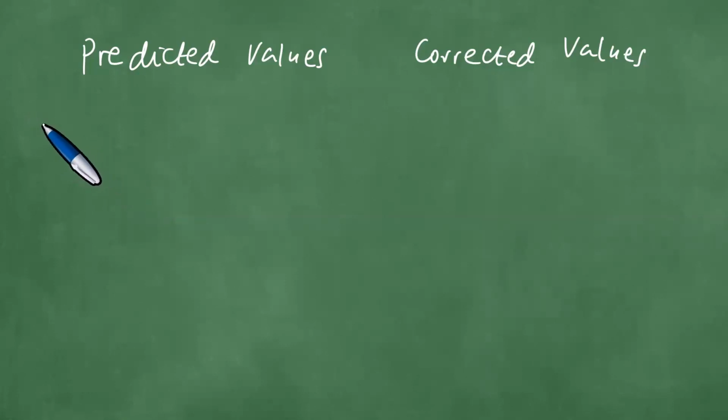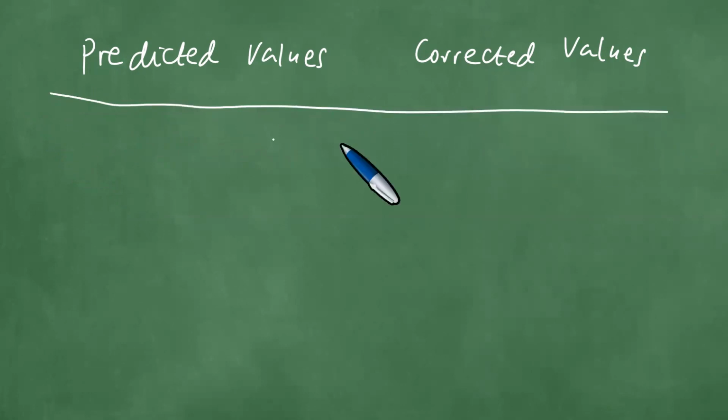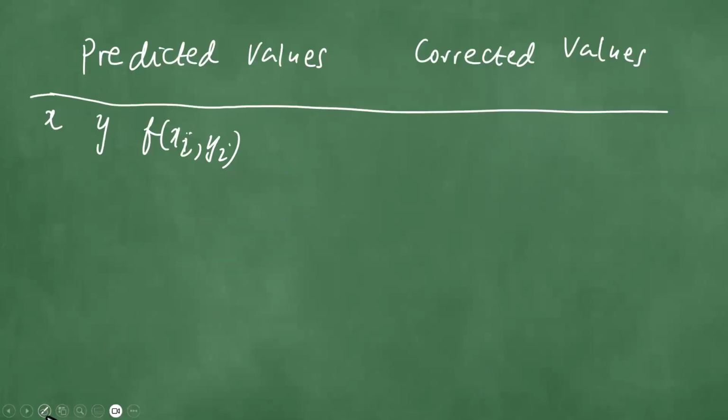So one would have, for example, an X, a Y, an F of X_i, Y_i, and then there's going to be the predictor value.